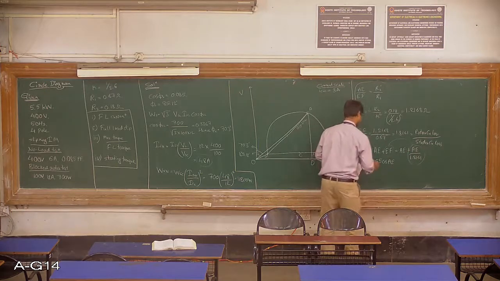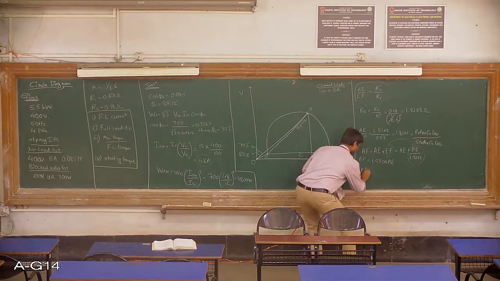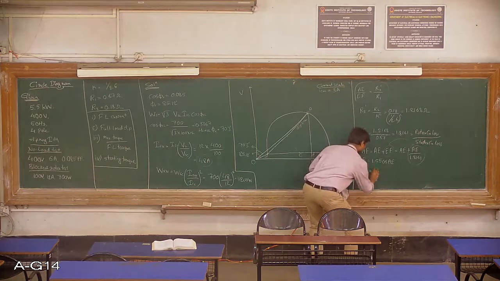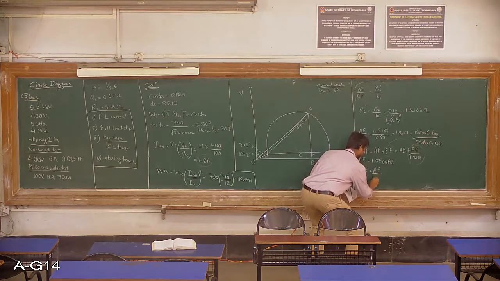Now I can take AE as AF divided by 1.5506.